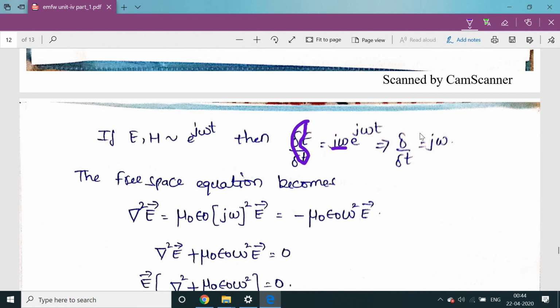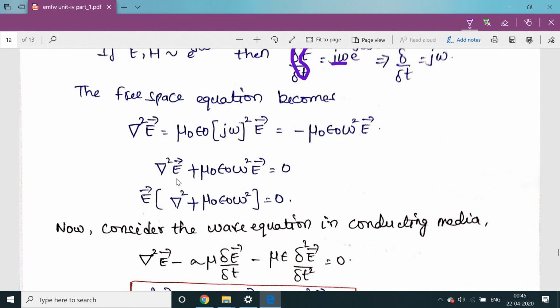As I already said, dou square by dou t square is j omega whole square into E. Since j square is minus 1, you get minus mu naught epsilon naught omega square into E. So the equation is simply like this: if you take E common, del square plus mu naught epsilon naught omega square is equal to 0. This is the equation if you consider a free space wave equation.